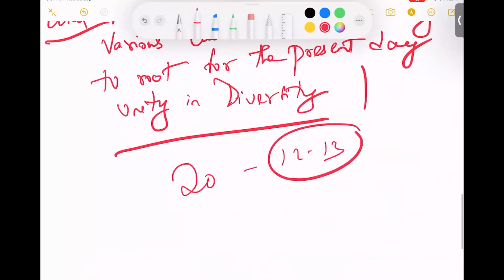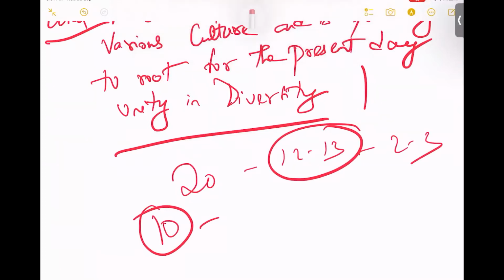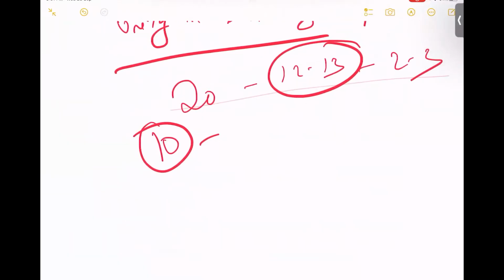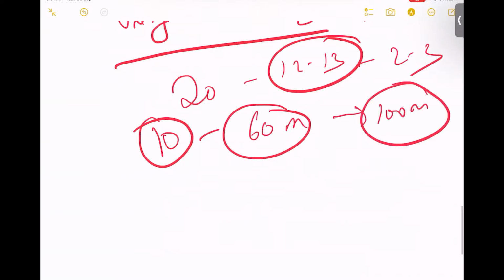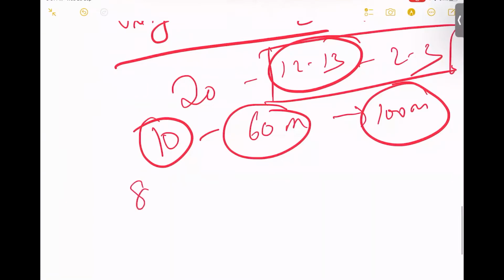In this also, if you leave 2 or 3, and you write 10 good questions, you may hardly get 5 or 6 marks per question, and for a good answer you'll get only 60 marks. But if you want to score 100 marks, you should attempt these 12 to 13 questions in a very good way, and in the remaining 8 questions you should try to attempt by doing proper justice.